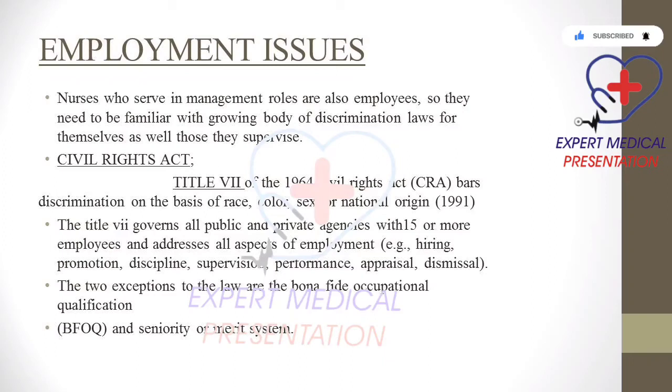Title VII governs all public and private agencies with 15 or more employees and addresses all aspects of employment, for example, hiring, promotion, discipline, supervision, performance appraisal, dismissal. The two exceptions to the law are the bona fide occupational qualification, BFOQ, and seniority or merit system.